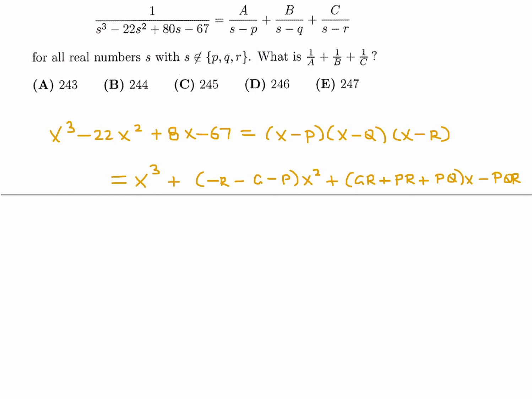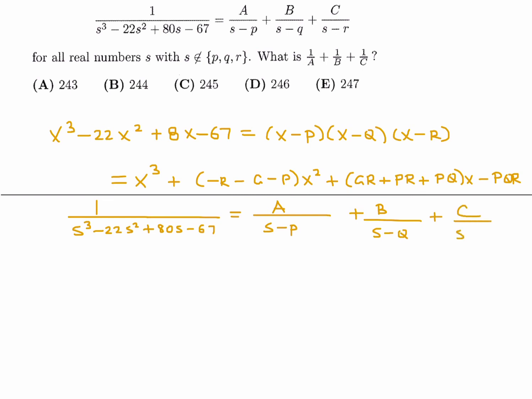So now let's turn our attention to this one right here. Okay, so we've got 1 over s to the power of 3 minus 22s squared plus 80s minus 67. And that is equal to a over s minus p plus b over s minus q plus c over s minus r.